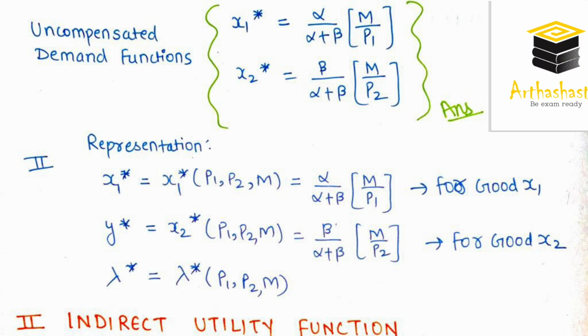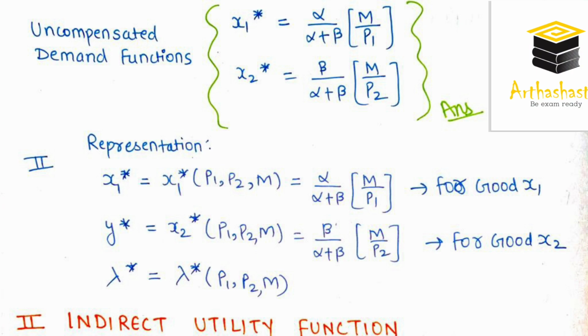This is our uncompensated demand function for good x1, and x2 star, a function of p1, p2, m, equals beta over alpha plus beta times m over p2. This is our uncompensated demand function for good x2. In this question, we have not been asked to find the demand function for lambda, which represents our budget constraint, so we have not written it.